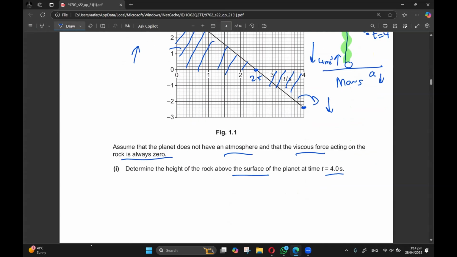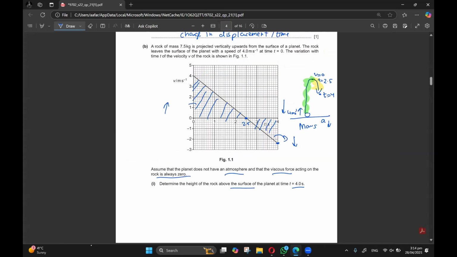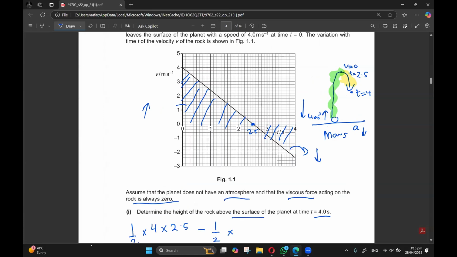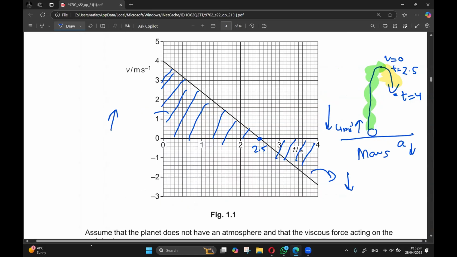So the height of traveling upwards is half into 4 into 2.5, minus this height, half into, how much is this? You know that one small square is 0.2, so negative 2, 2.2, 2.4, 6, 8.